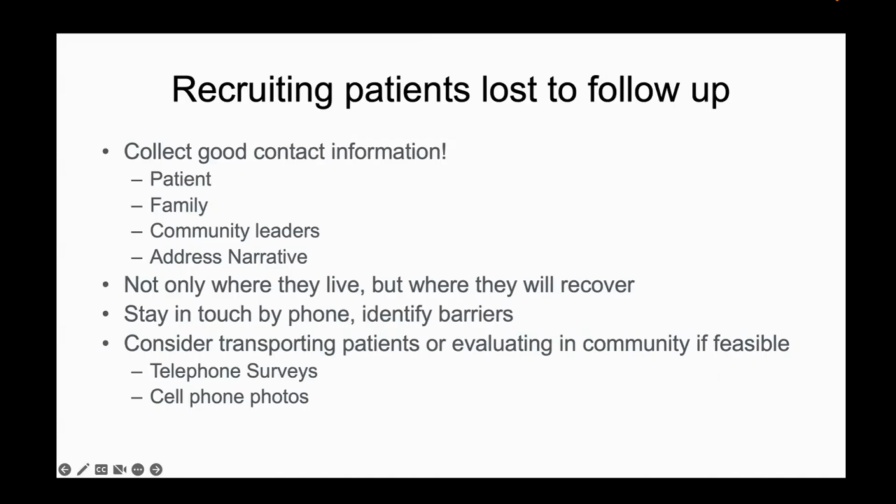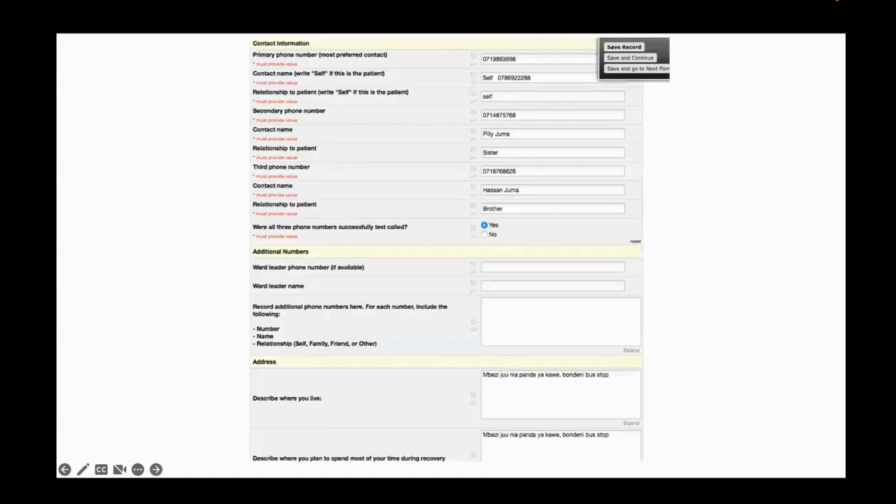This is an example form that we used in one of our studies, which really shows all of the various parameters of identifying information that we collect on these patients, including narrative descriptions on where they live that you can see at the bottom.